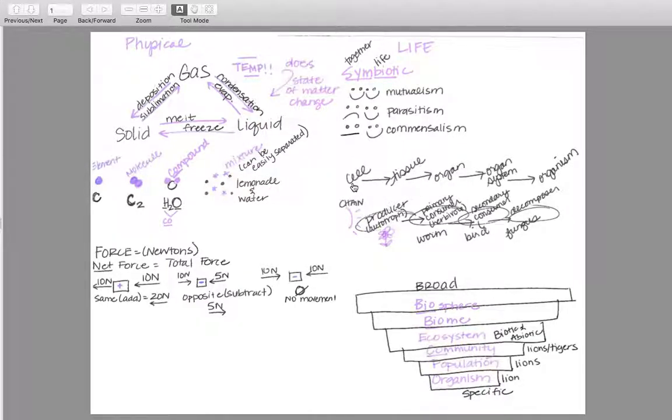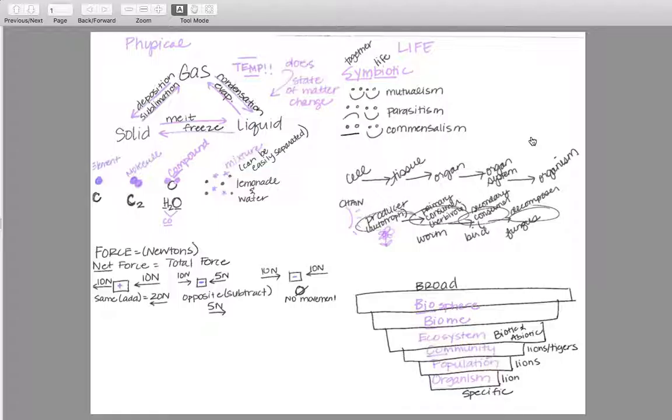So if we think about that, we have a cell that builds up smooth muscle tissue. And then smooth muscle tissue builds up the stomach. And then the stomach and the small intestine and all those guys build up the digestive system. And then the digestive system, the circulatory system, the respiratory system, the nervous system all work to build up the organism. So it's just building blocks getting bigger and bigger.